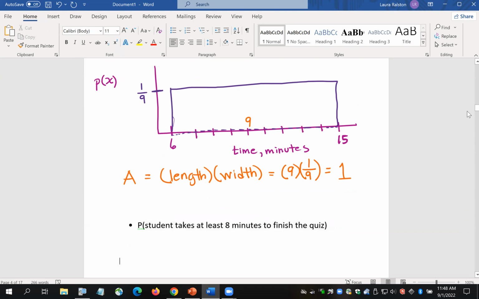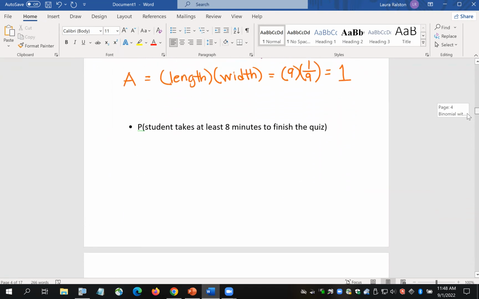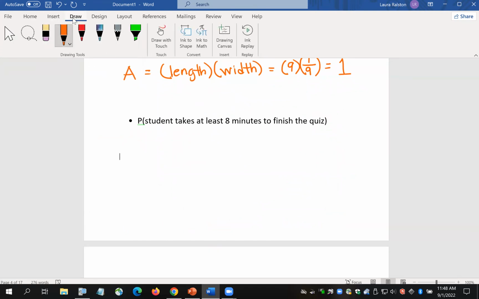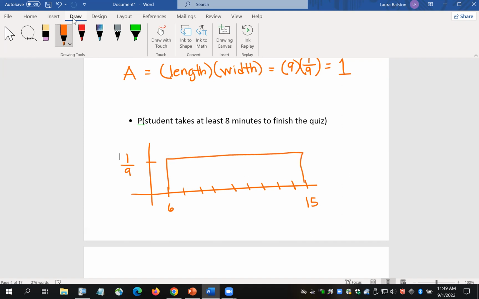It is helpful, especially with the continuous probability distributions, if you will draw yourself a picture. And it doesn't have to be perfect. I can rough sketch it. I know that I'm going to start at 6 and end at 15. I know that my probability is 1/9 and that I have a rectangle.